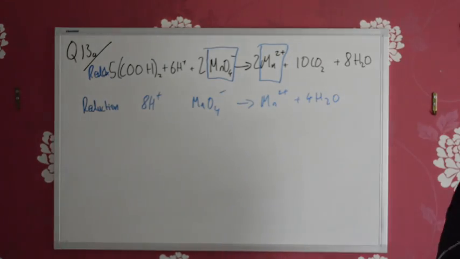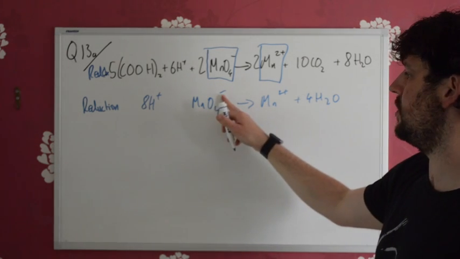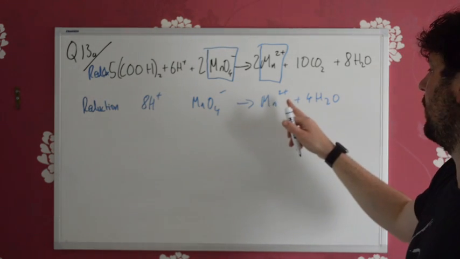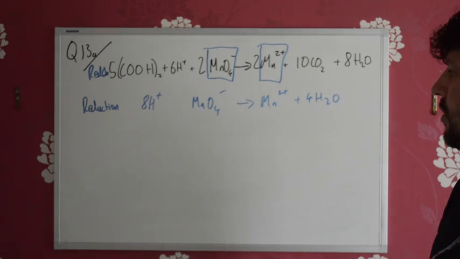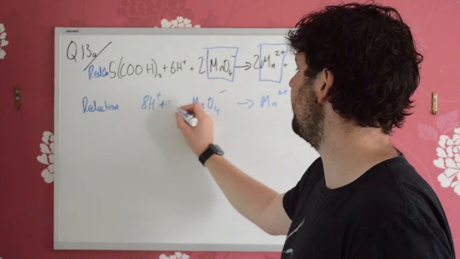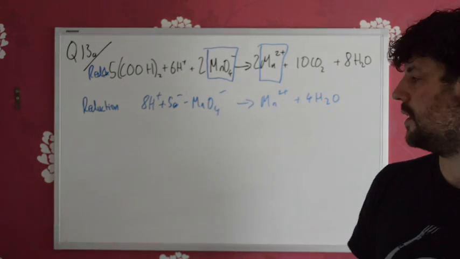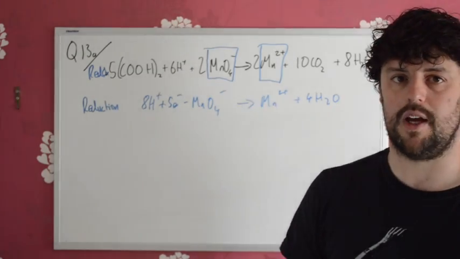The final thing I need to balance is the charge. I've got 8 positive and a negative charge here, so the overall charge is 7 positive, and the overall charge over here is 2 positive. So to have the same charge on each side, I need to add 5 electrons here. So there's the ion-electron equation for the reduction reaction.